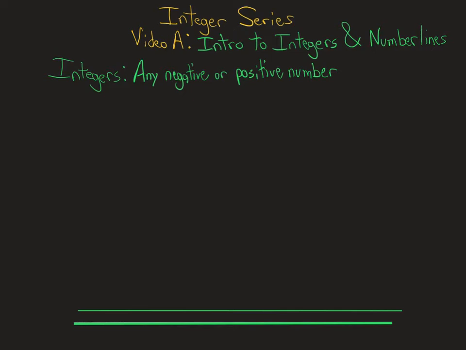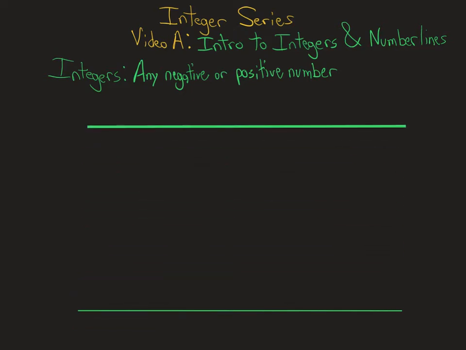Okay? We usually think about integers in the beginning most easily on a number line. So if we've got 0 here, first of all, notice you go to the right for positive numbers.